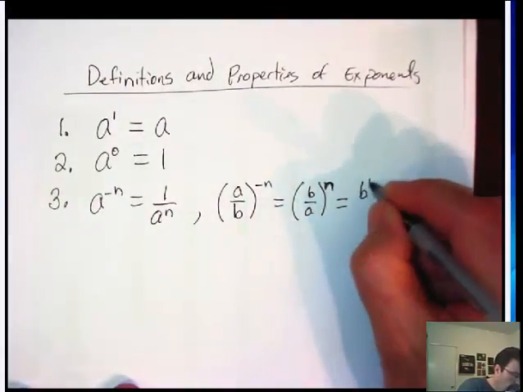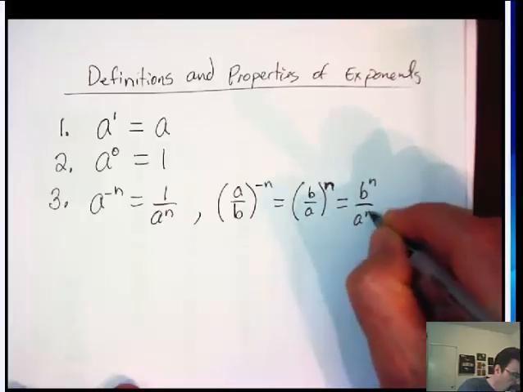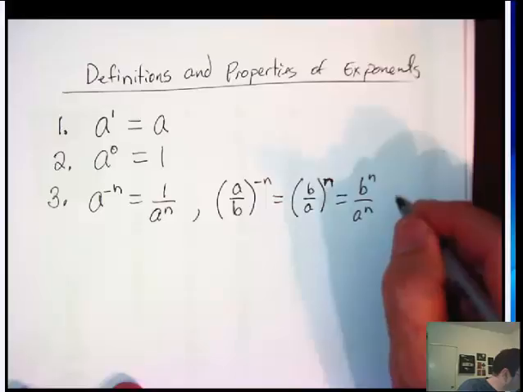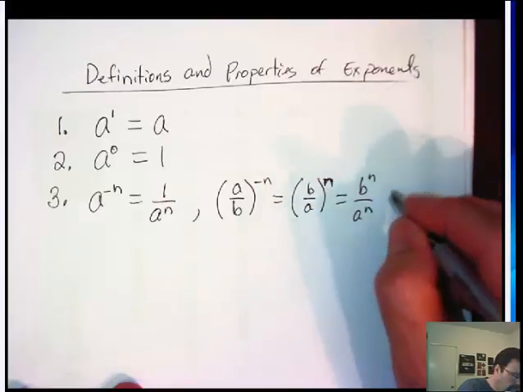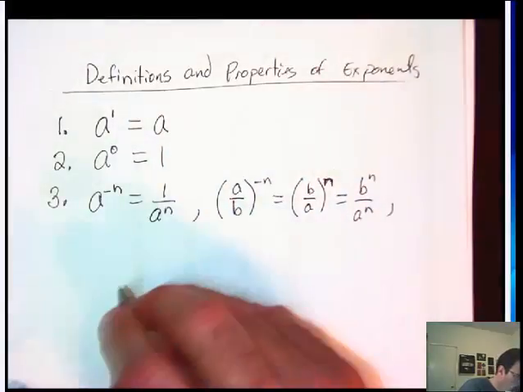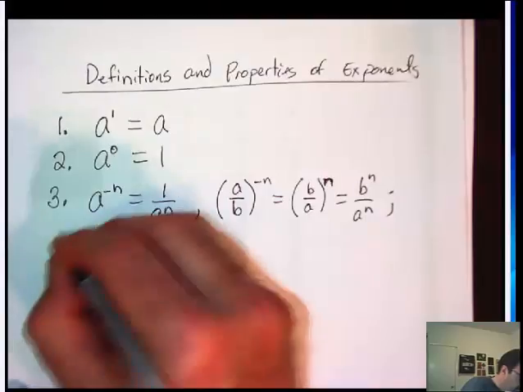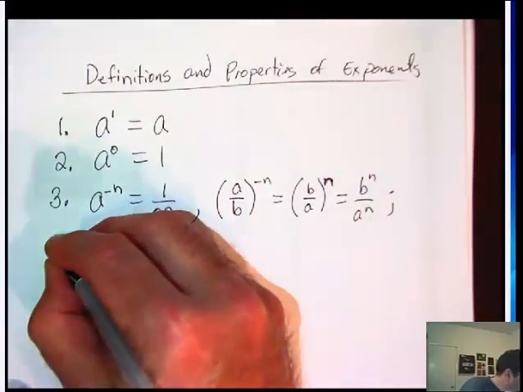And then, of course, you can apply the quotient rule, so you're going to get b to the n over a to the n. And another alternate, I'll talk about it later. We'll write it down in an example.